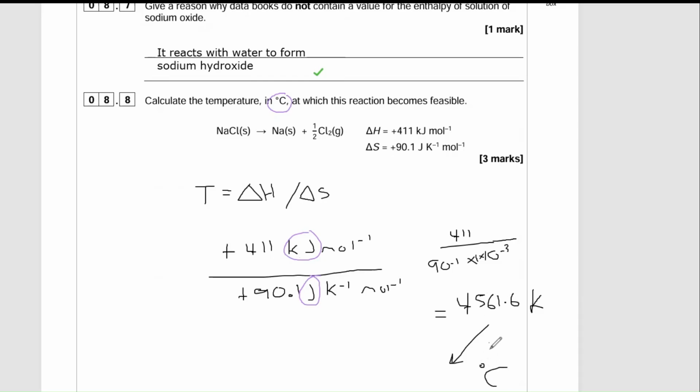How do you turn Kelvin into degrees? We are going to take away 273. If I had naught and wanted to turn it into Kelvin, it'd be plus 273, so I need to minus 273 to turn my Kelvin into degrees. And we're going to get 4289. Gosh, that was a long question.